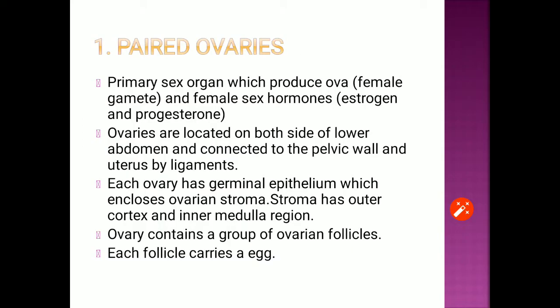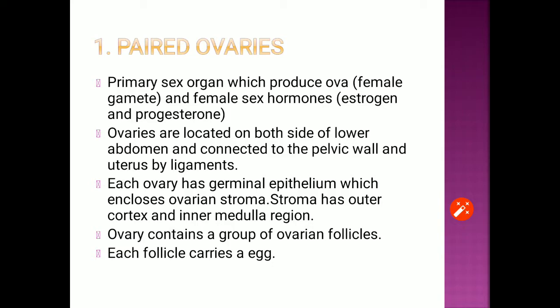Now the paired ovaries, primary sex organs which produce ova, that is the female gamete, and female sex hormones, estrogen and progesterone. Ovaries are located on both sides of lower abdomen and connected to the pelvic wall and uterus by ligaments.